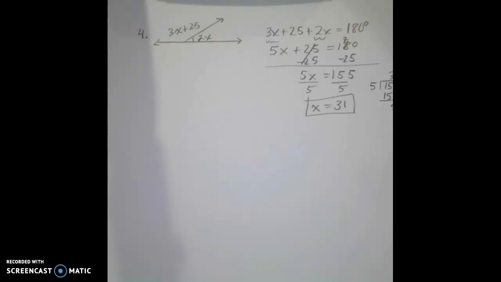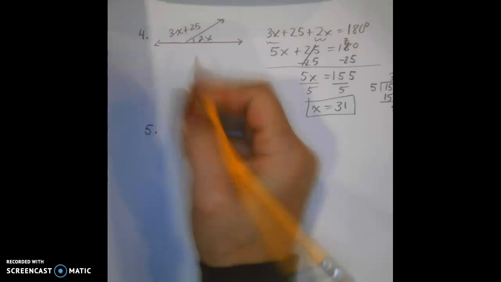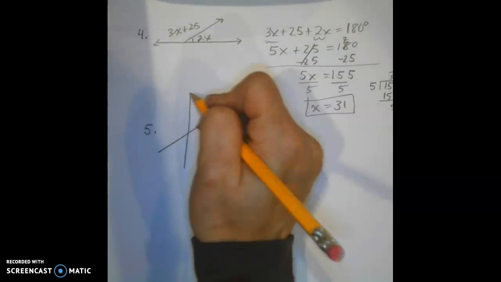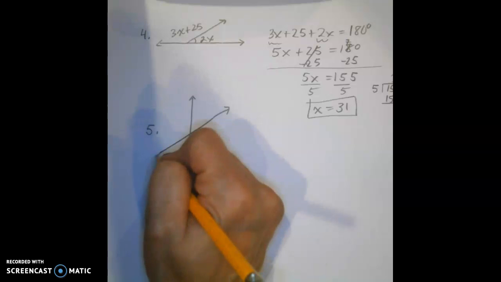All right, so we've done 2 examples of complementary and supplementary. Let's do 2 more examples for vertical angles. Remember, vertical angles occur when you have 2 lines crossing like this.